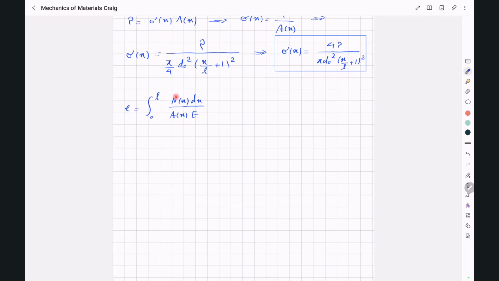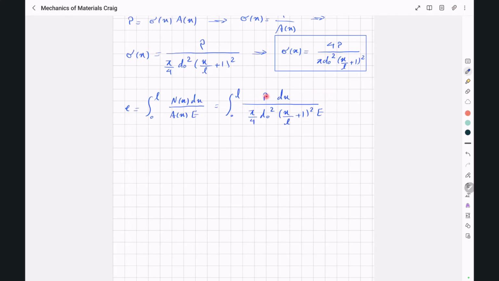We have the value for Nx, we have the equation for Ax, we have E, so we can simplify this integral by 0 to L P dx divided by pi divided by 4 d0 to the power of 2 (x over L plus 1) to the power of 2 multiplied by E.